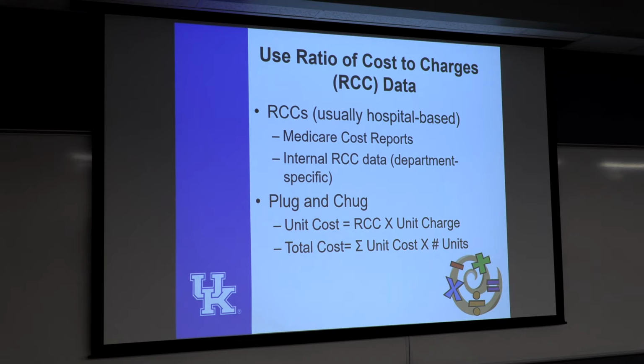Many studies, when there's multi-site, will leverage what's called the Medicare cost reports. What is that? Every year, every hospital that accepts Medicare payment has to file a Medicare cost report for their Medicare patients. Because Medicare patients often are more than half of a hospital's patient base, it's useful information.